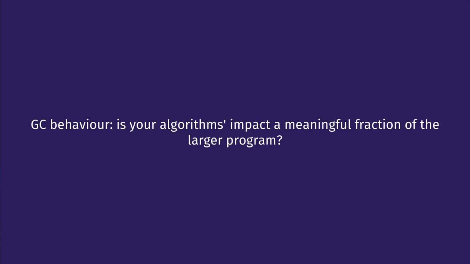Cool. So it's really important to think about the code you're benchmarking, right? Are the reduced allocations between algorithm A, algorithm B, algorithm C, or library A, B, C, a meaningful amount of the total allocations of your whole program, or the memory usage of your entire program, right?